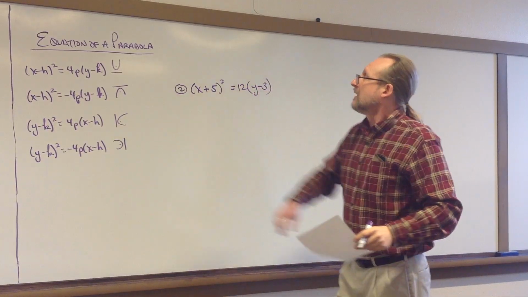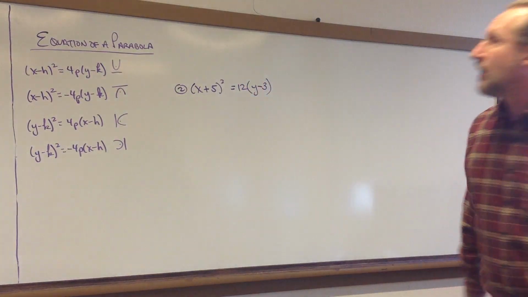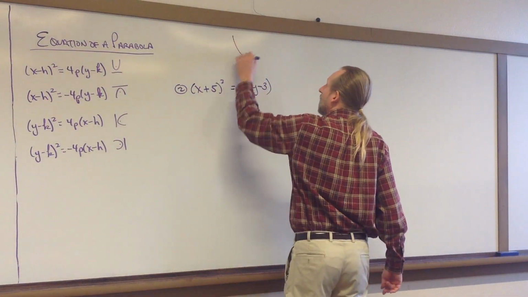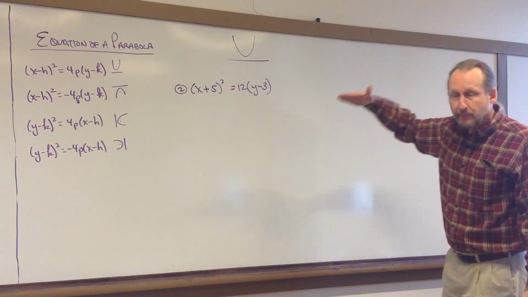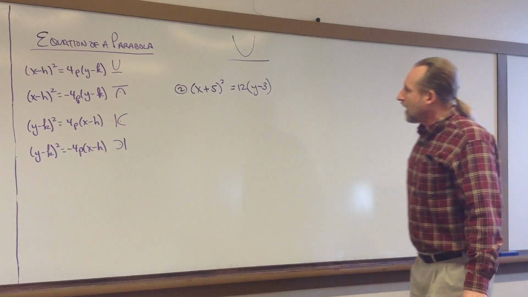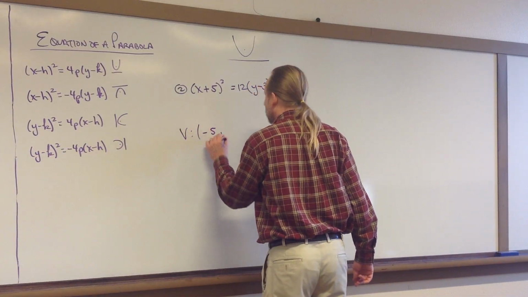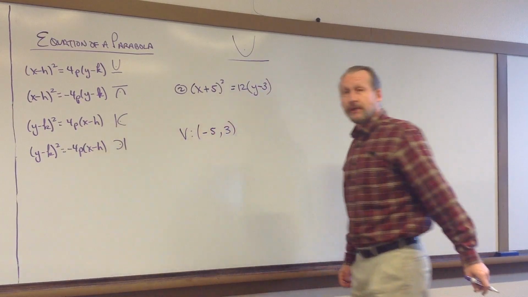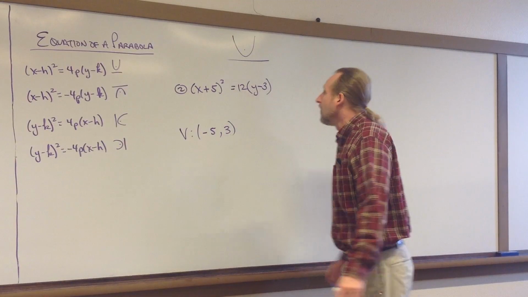First off, this is the first kind of parabola. It's an upward facing parabola, which means that the focus will be above the vertex and the directrix will be below it. Our vertex is the point (-5, 3), and that just comes from the values of h and k.